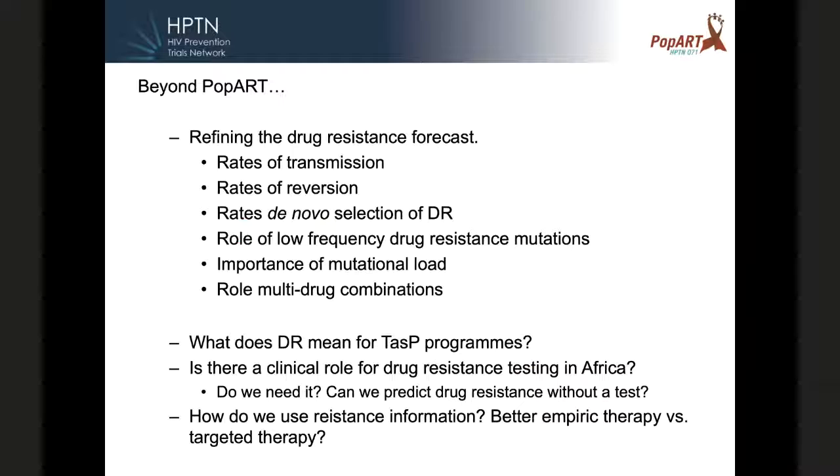And we're also interested in the translation and thinking about what the clinical role for drug resistance is going to be. Do we need it at all? Can we predict drug resistance without a test? And how do we use the information? Is the answer better empiric choices of therapy? Do we put everybody onto dolutegravir and just hope for the best, or do we aim for a more targeted approach or a heightened surveillance?